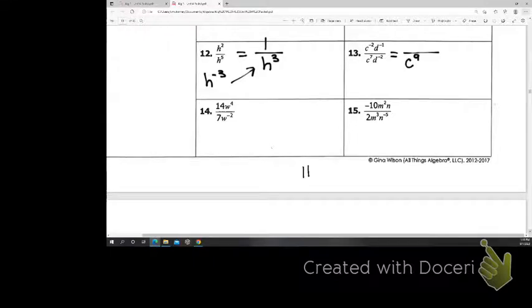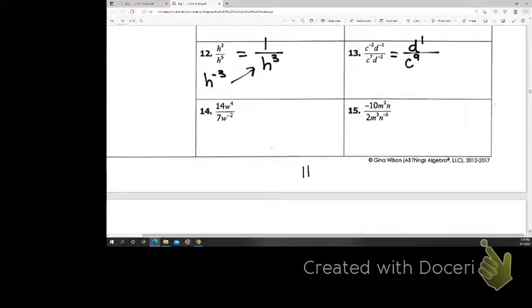Or if I do 7 subtract negative 2. For the D's, which is greater, negative 1 or negative 2? Negative 1. So the D's are going to be on top. And if I do negative 1 subtract negative 2, it becomes 1, or just D.